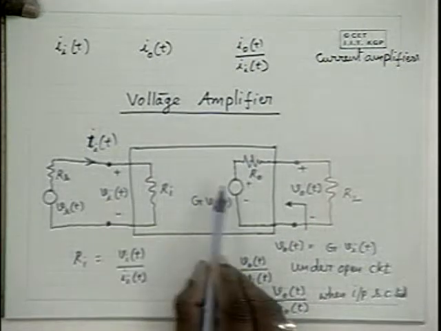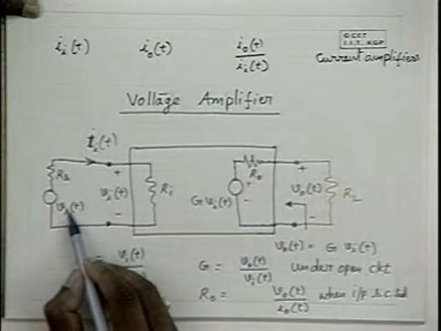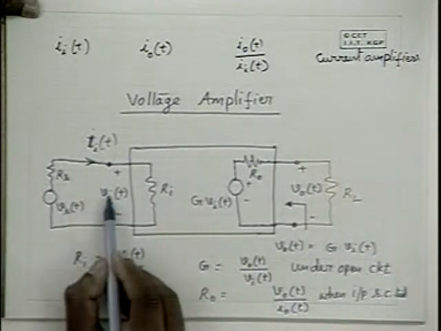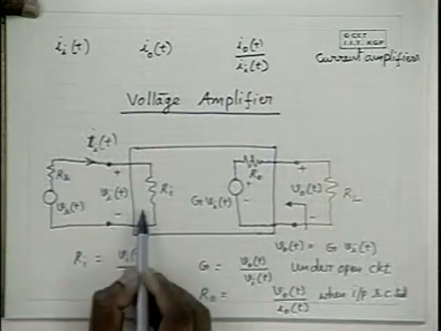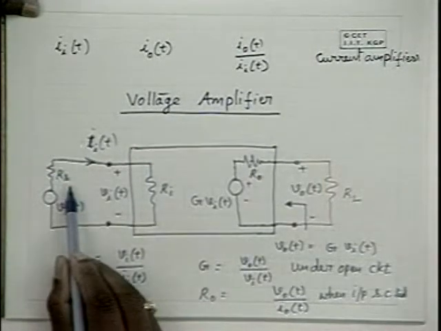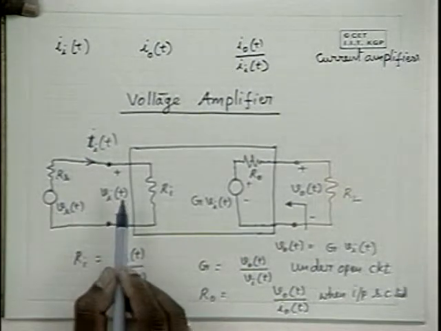Is it going to be equal to G? That means output voltage V0 by Vs. Is it going to be equal to G? Not really, because there is some attenuation here. VIT is going to be less than VST. By what ratio? Because VST gets divided between Ri and Rs. So VIT is a fraction of VST.